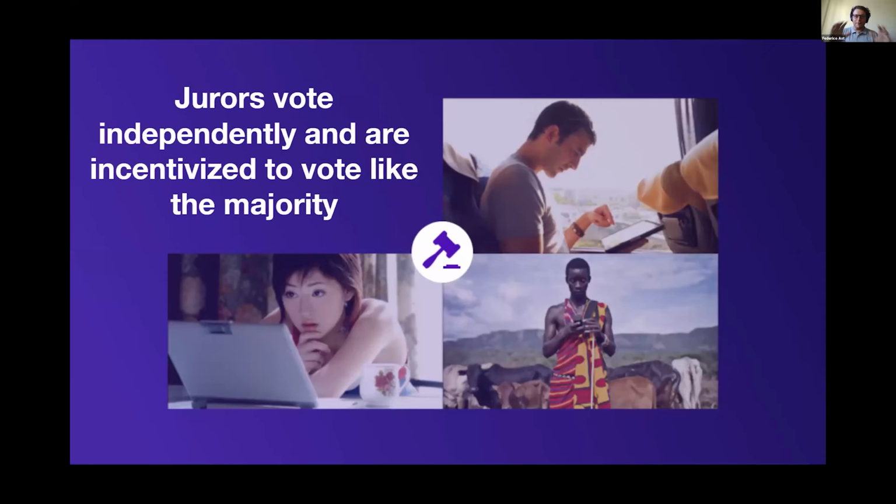So now let's put a number of jurors who are going to consider the same evidence, the same contract, the same product, and they're going to vote, each of them independently, with the incentive of trying to vote like the majority, and they don't know how others are going to vote. The hypothesis we had at Cleros is that the Schelling point is going to be the truth about the dispute.